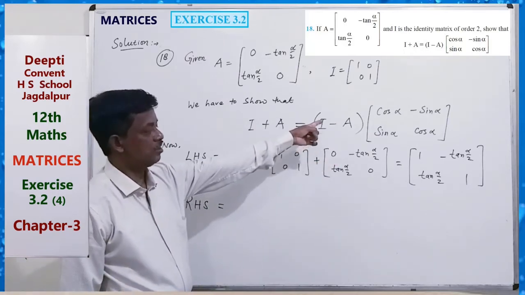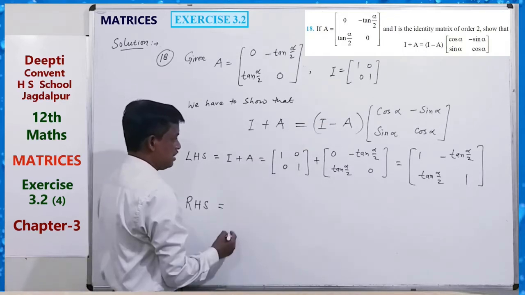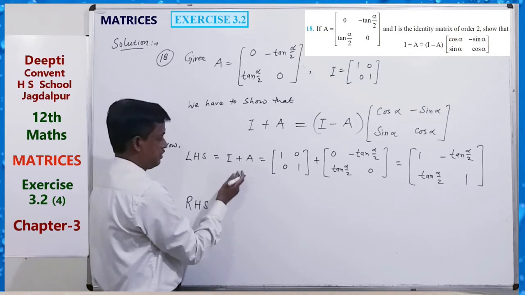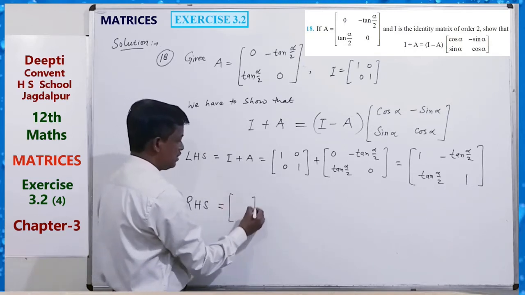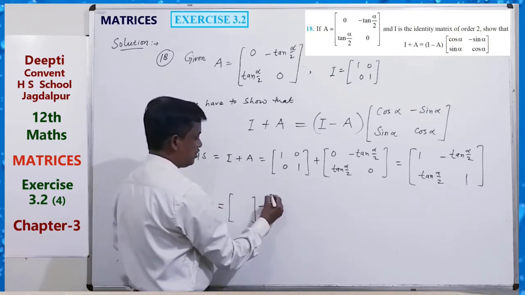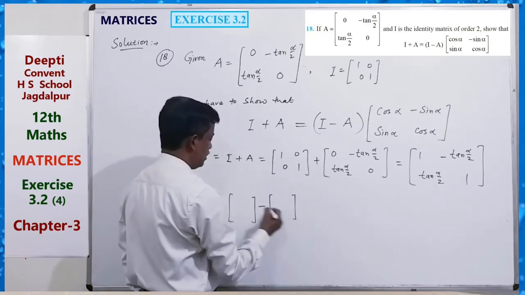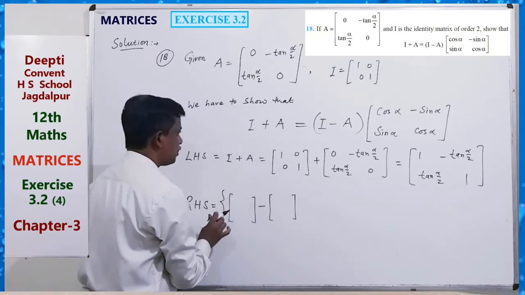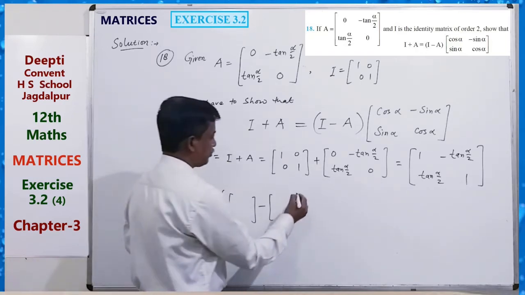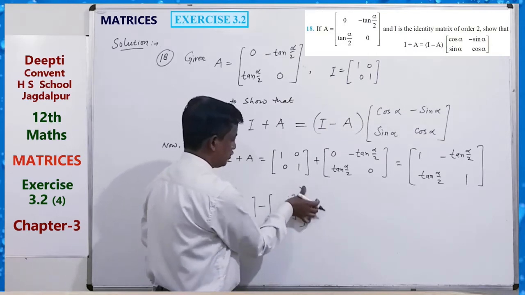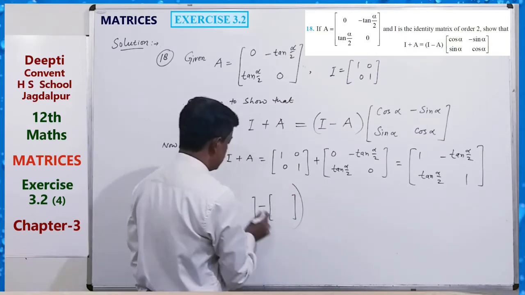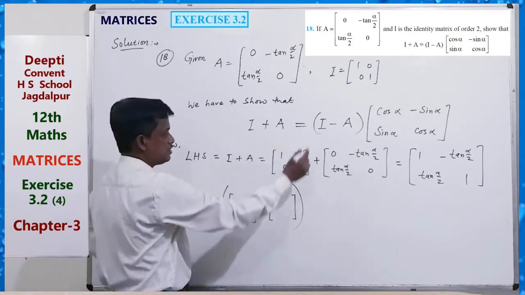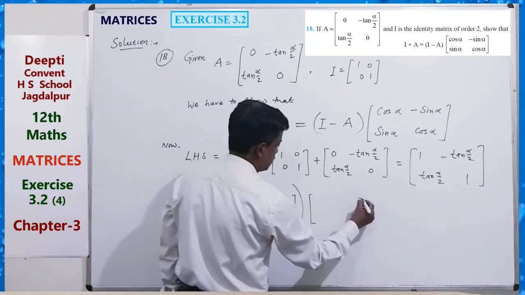Similarly you can get this value by solving. What will be the value of I minus A? Just put I and put A, or we can write it with brackets also, matrix subtraction, this minus this, and also the given matrix.